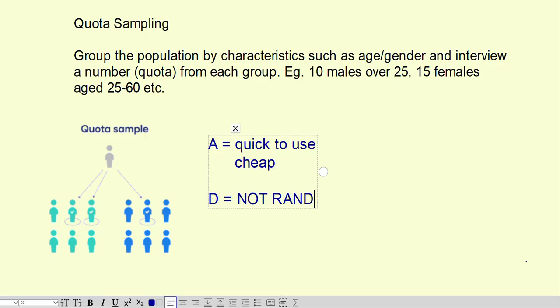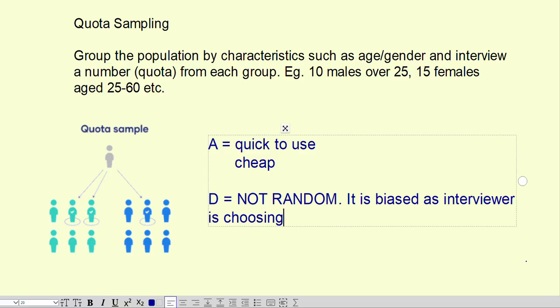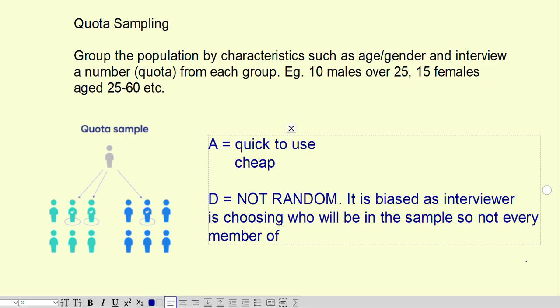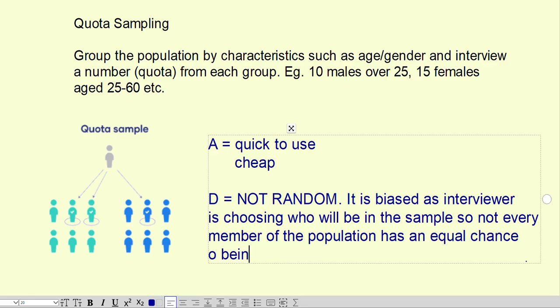Disadvantage is once again not random. It is biased, as the interviewer is choosing who will be in the sample. So not every member of the population has an equal chance of being selected.